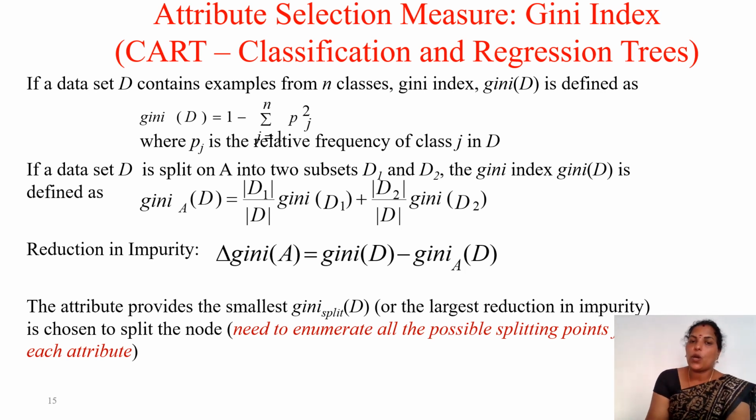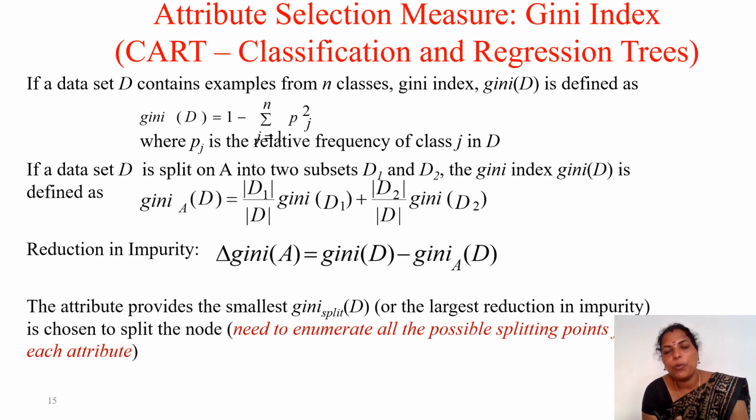First we find the Gini index for the class label, then the Gini index for each attribute. For that we apply this formula: |D1| divided by |D| into Gini of D1 plus |D2| divided by |D| into Gini of D2.